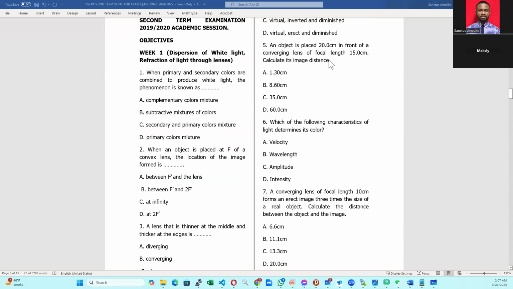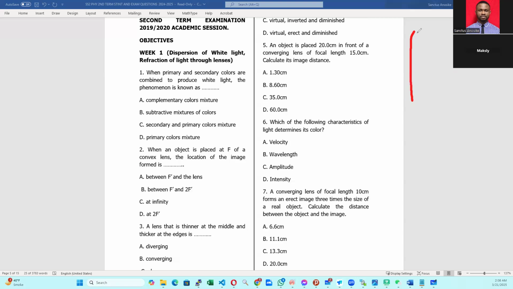Now, the next question here, I'll just do the ones I feel you can complete. I'll just give you the formula. An object is placed 20 cm in front of a converging lens. So I already treated all the cases. I told you that each question points at one of those cases.